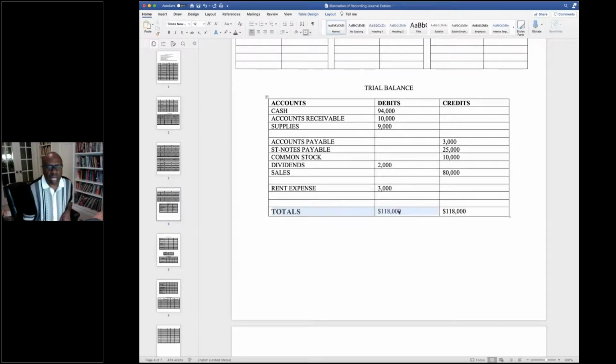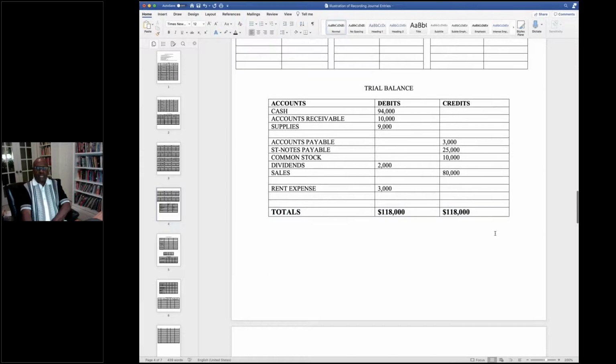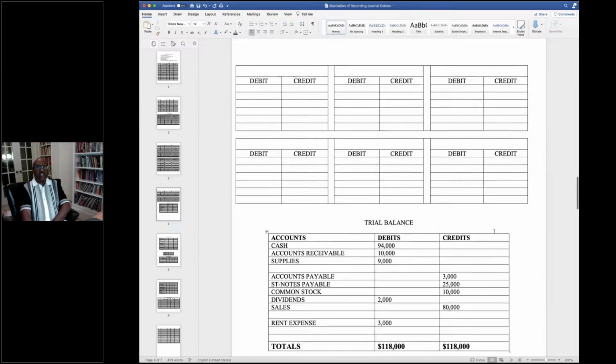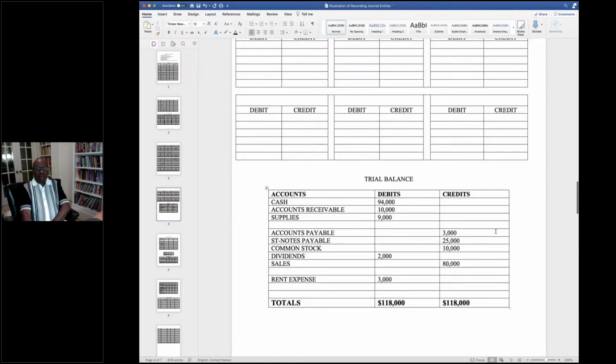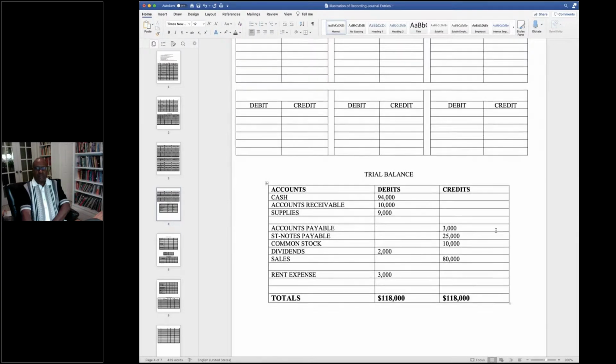And our goal at this point in the accounting cycle: journalize the entries, post to the ledger, prepare a trial balance, and make sure that we are in balance. So this is the starting point in accounting. If you can do these three things, and this is what we focused on for the first part of the course, then you're well on your way to learning accounting.